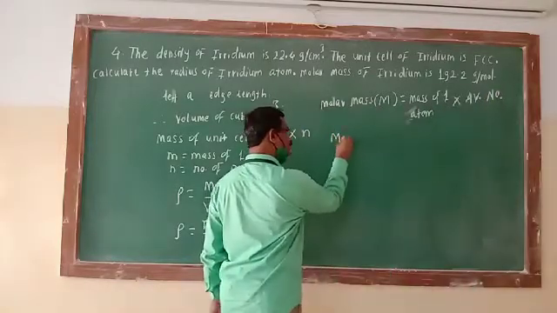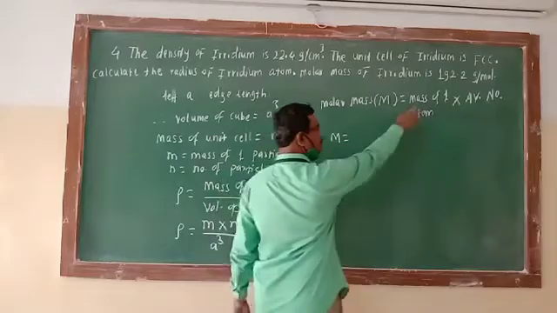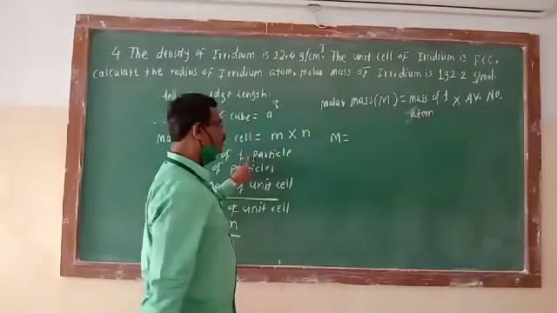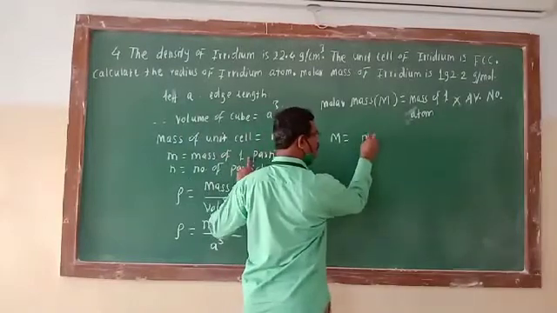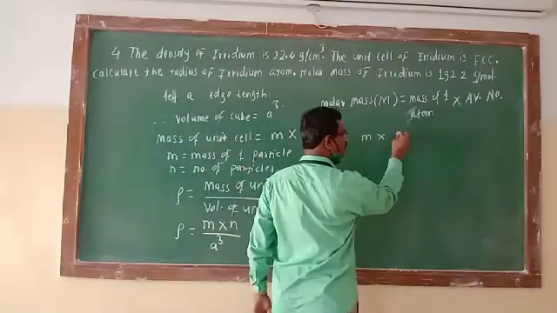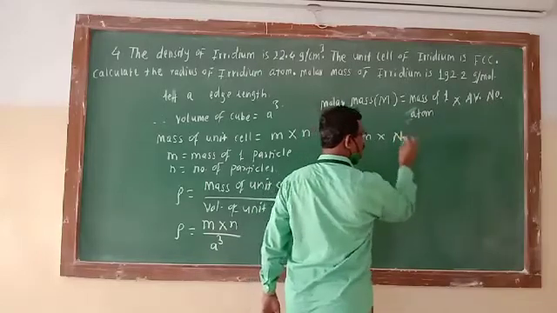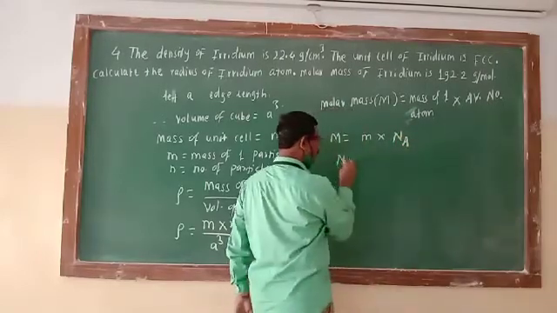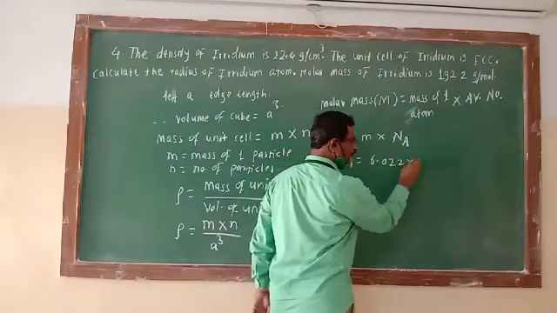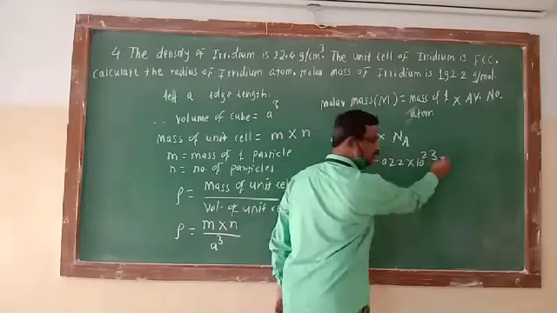Therefore molar mass M will be equal to the mass of one particle, one atom, that is small m, multiplied by Avogadro's number Na, and this Na we know has a value 6.022 into 10 raised to 23.